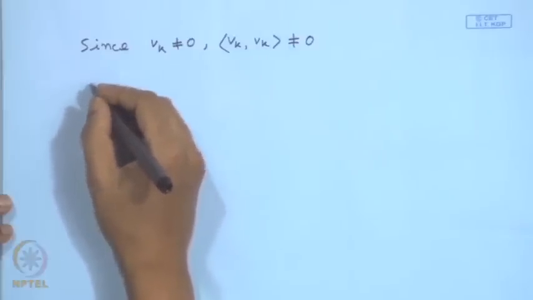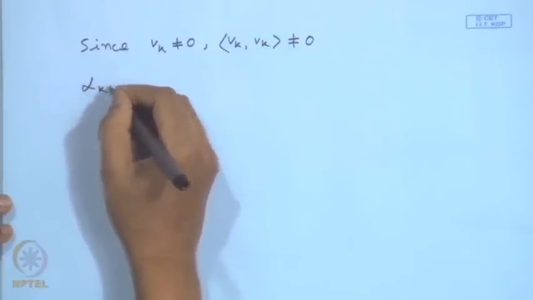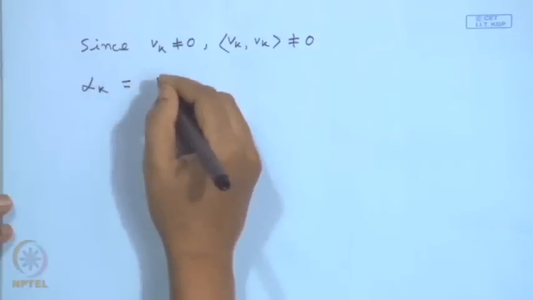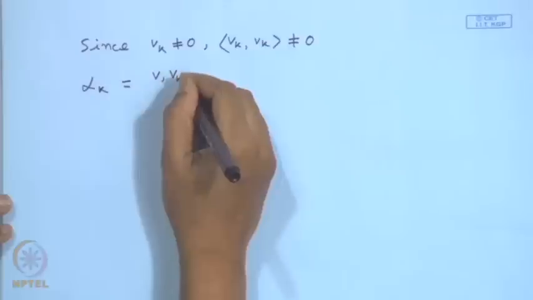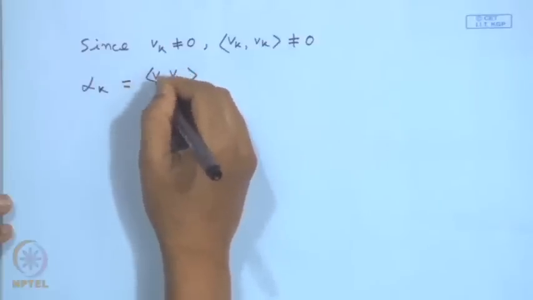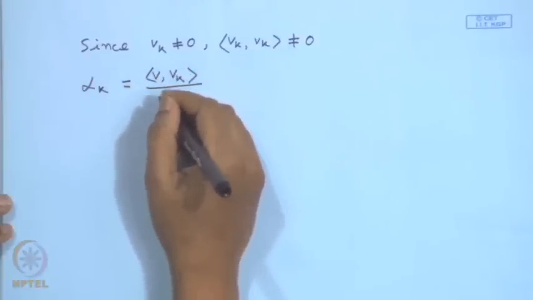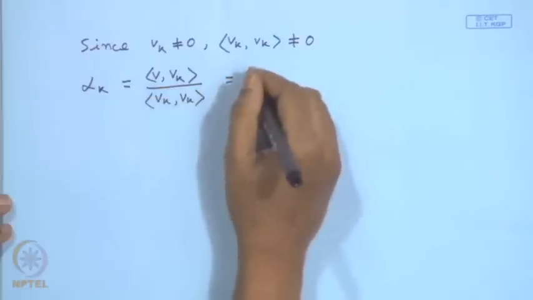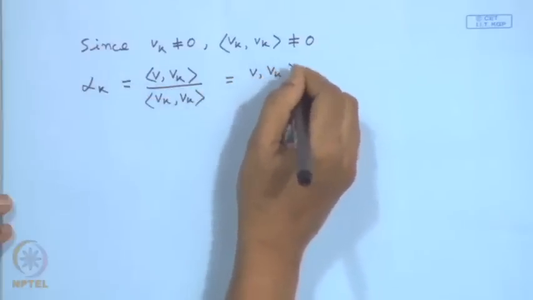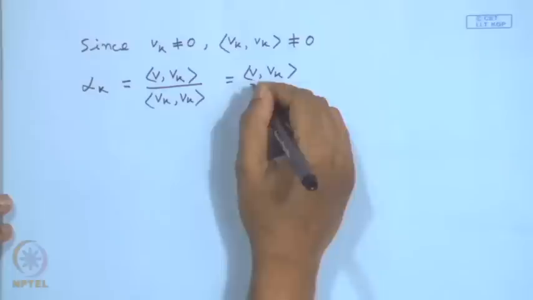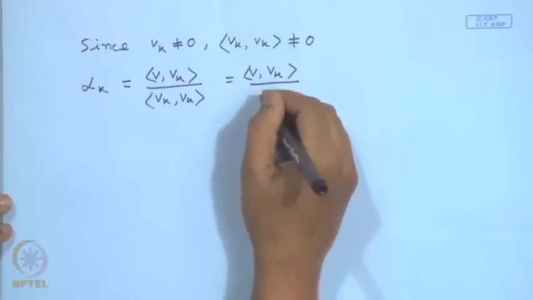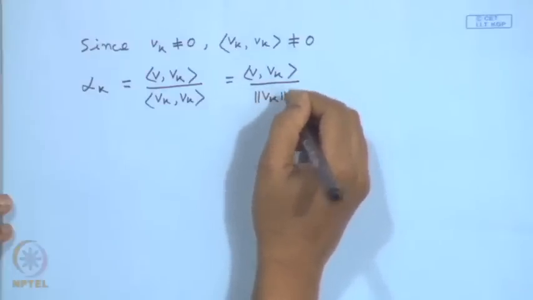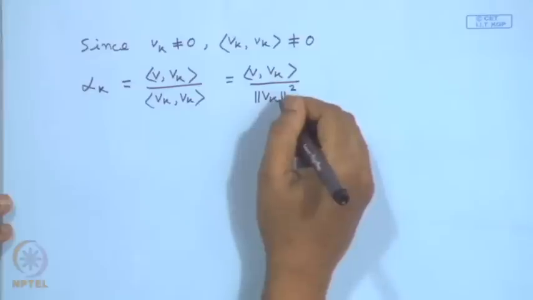Therefore, we can write the value of alpha k as the inner product of v and vk divided by the inner product of vk with itself, or in other words, the inner product of v and vk divided by the norm square of this vector vk.